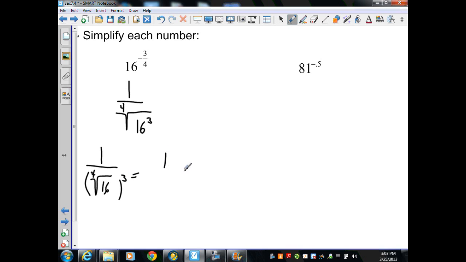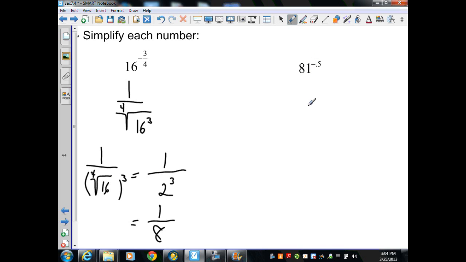That'll be 1 over the fourth root of 16, which I know is 2, and that's 2 cubed, and that, when I multiply, is going to be 1 over 8. I could have simplified here by taking the cube of 16 and then taking the fourth root, but it's easier to follow this method.